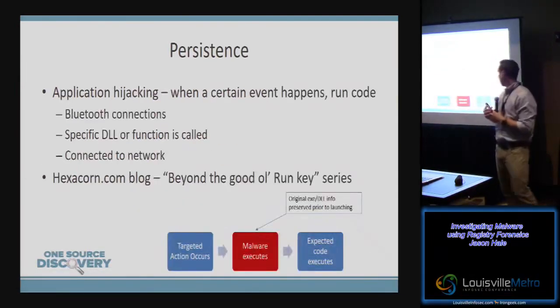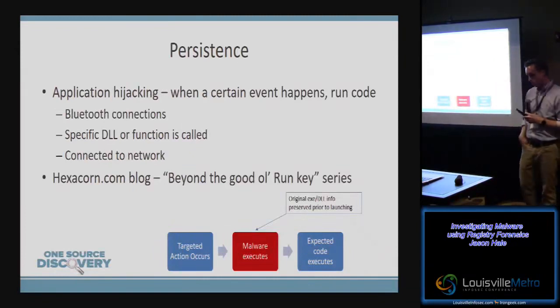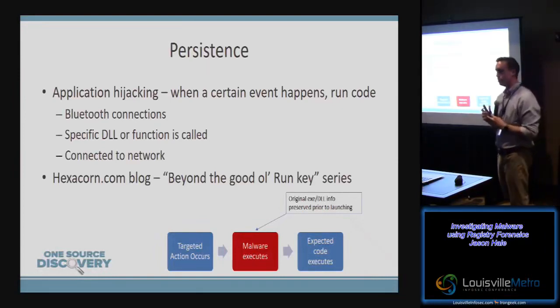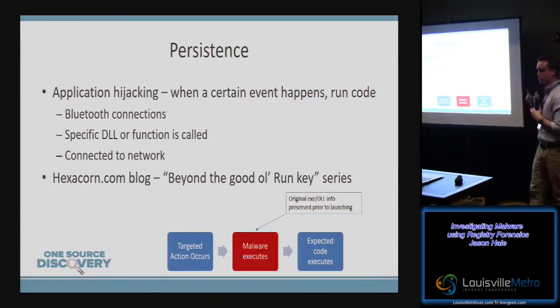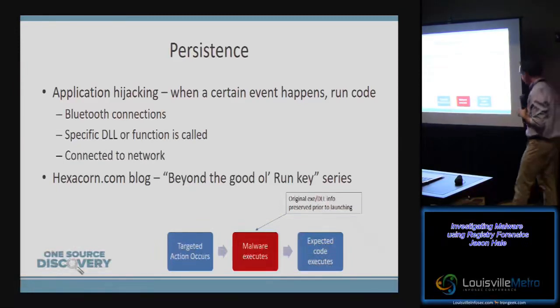Okay, just the idea of application hijacking is another big one with regard to persistence. And this is just a general concept, not necessarily a particular key, but what we're doing here is we're looking for specific events that could be Bluetooth connections, Wi-Fi connections, specific functions, or DLLs being called.